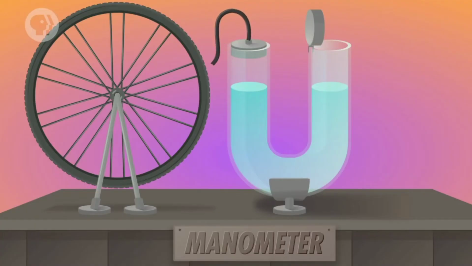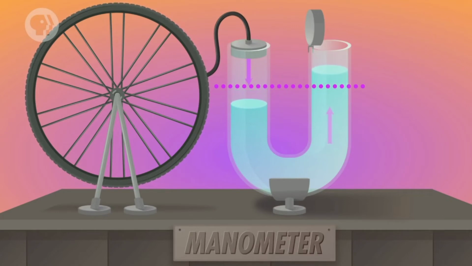A manometer is just a U-shaped tube with a fluid inside. Say you want to use one to measure the pressure of a bike tire. You'd stick one side of the tube in the tire and leave the other side open to the atmosphere.